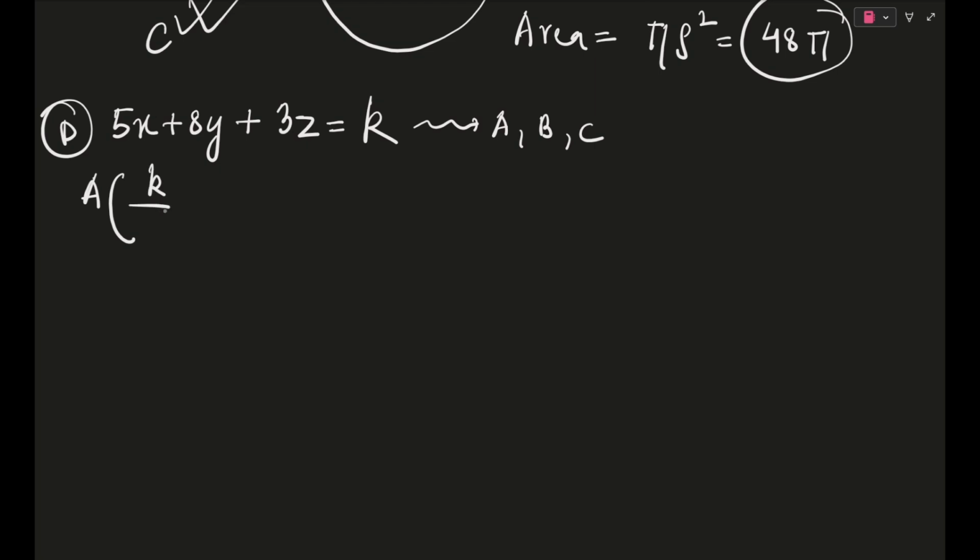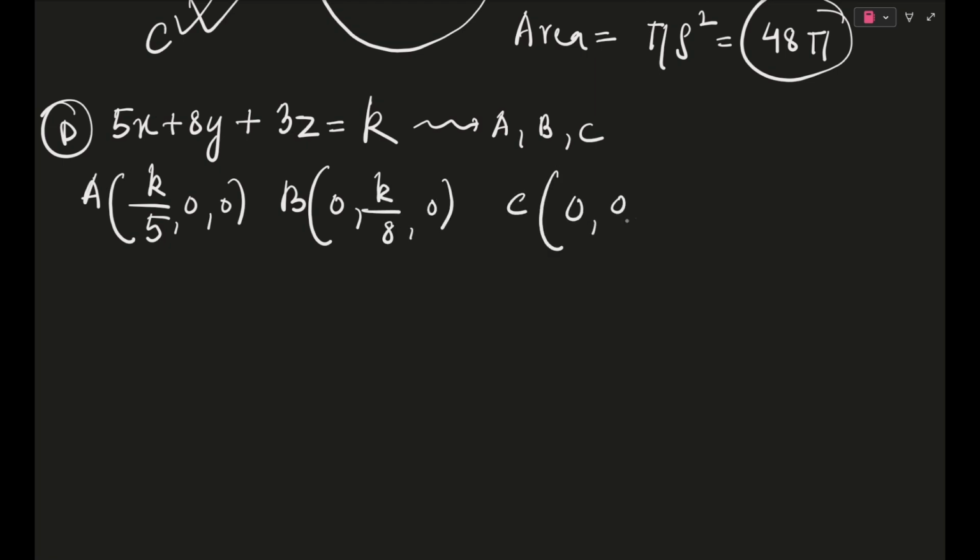So A is (k/5, 0, 0), B is (0, k/8, 0), and C is (0, 0, k/3). These are the three points.